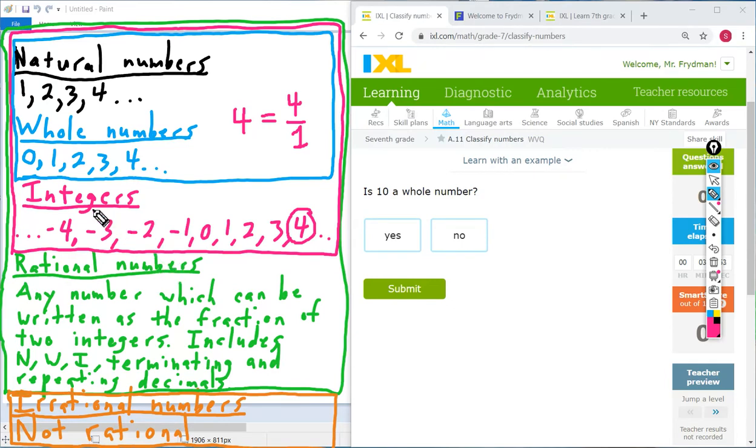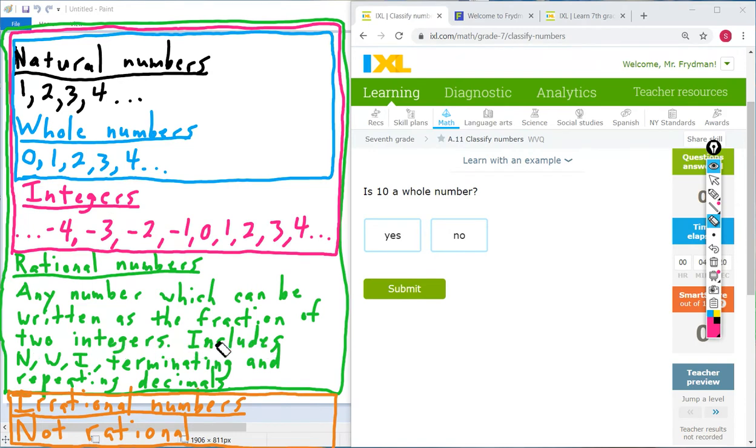In fact, every single integer is a rational number. Okay, every single integer is also a rational number. And I'm going to talk a little bit more about that in a second. But let's continue with this here. So that's the definition of a rational number. Any number which can be written as the fraction of 2 integers.